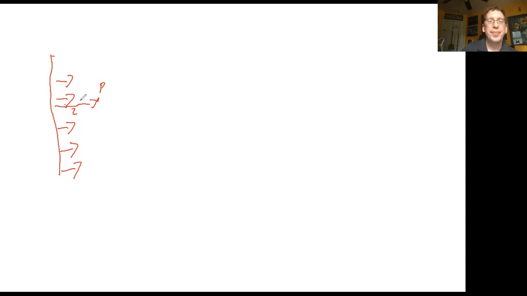So what you can do is draw what's called a Gaussian pillbox, where point P is on the outside, and it could be a cylinder, it could be a rectangular prism, it doesn't actually matter.